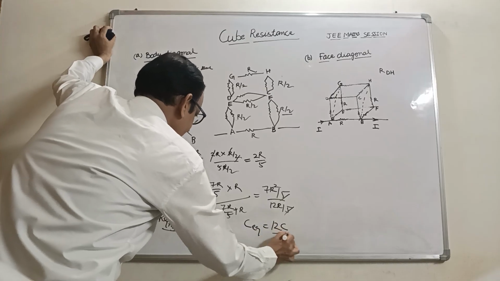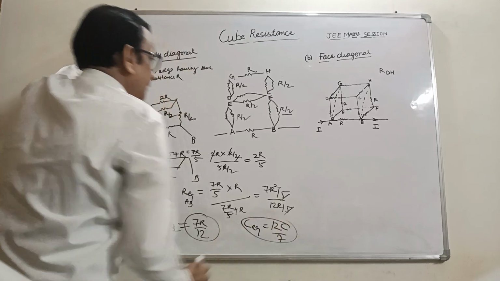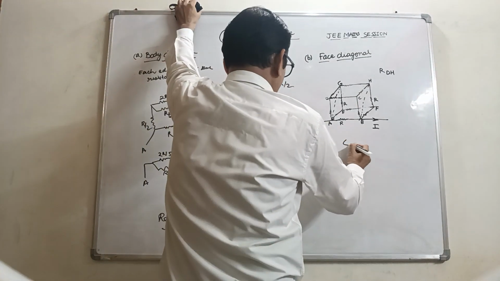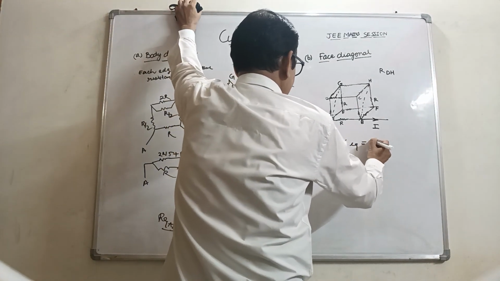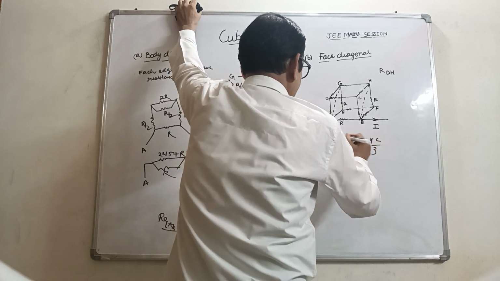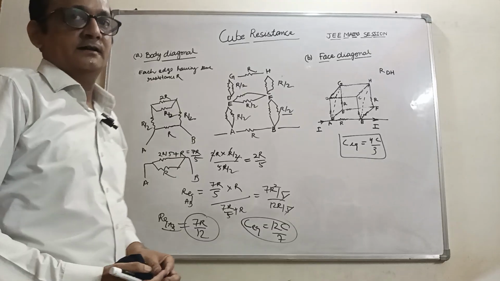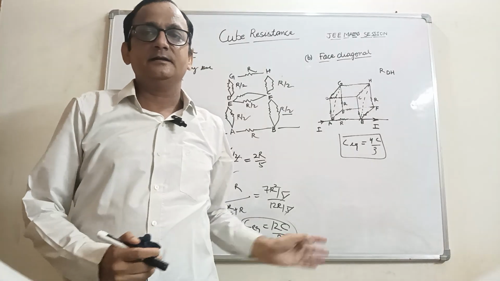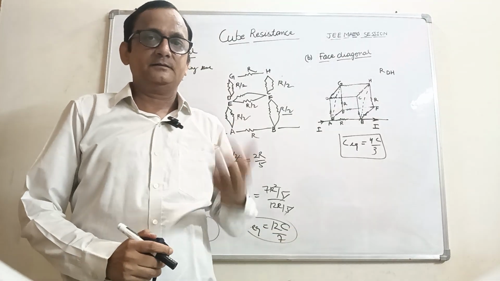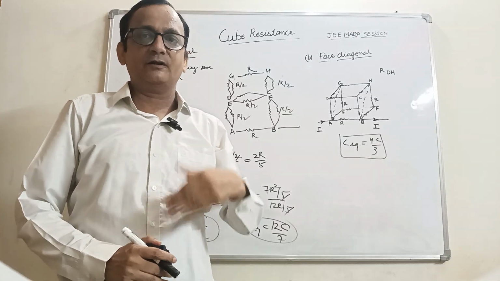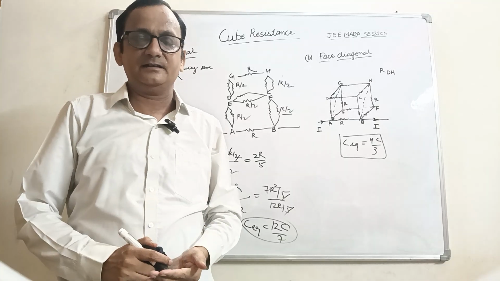And its equivalent capacitance would be 12C by 7. Similarly, for the face diagonal, the equivalent capacitance would be 4C by 3. Here we discussed the three situations: the equivalent resistance across the face diagonal, body diagonal, and the edge.